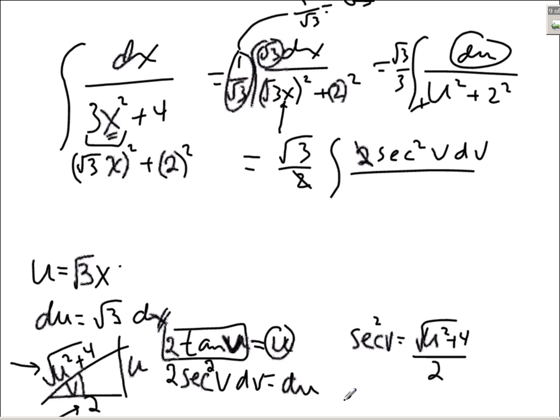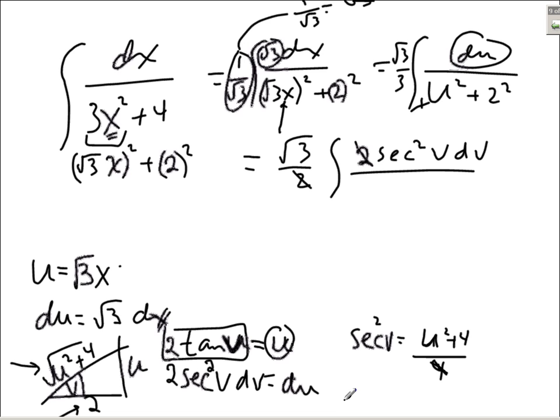If I square both sides, the left side I already wrote, squared. The numerator loses the root, and 2 squared on the bottom will be 4. Okay, so u squared plus 4 over 4 is secant squared v.